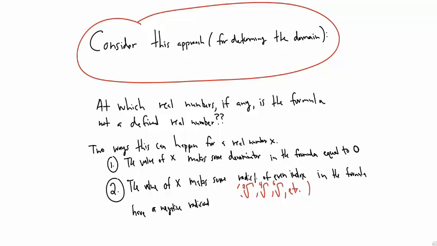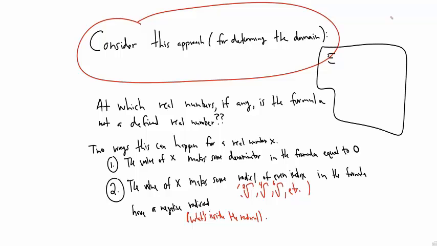Again, the radicand is what's inside the radical. So once you find the values of x for which the first case happens, and you find the values of x for which the second case happens, you exclude exactly these numbers.